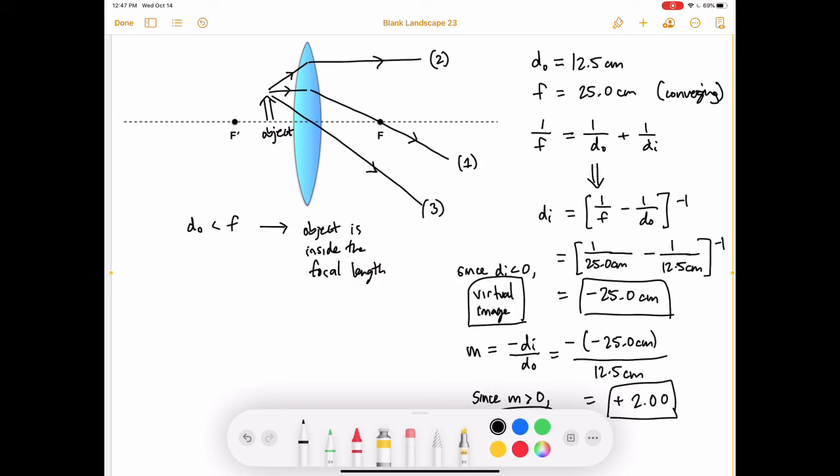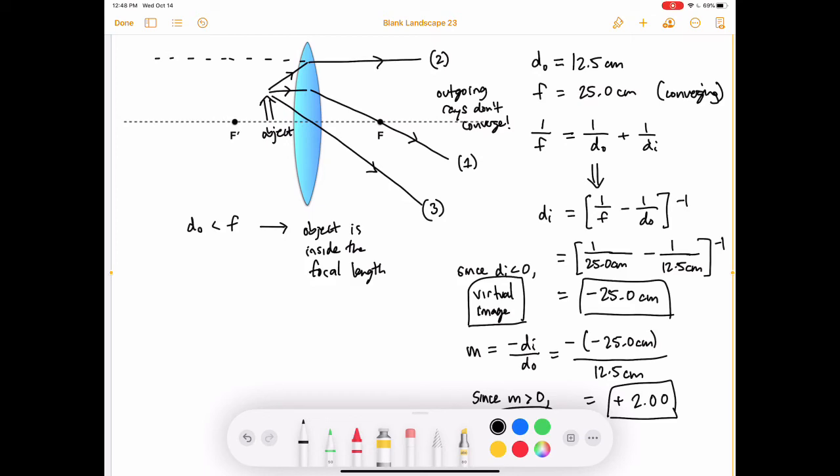So notice something about these outgoing rays. The outgoing rays don't converge. So right away we should be thinking we probably have a virtual image. Now let's see what happens if we trace these outgoing rays behind the lens. Trace them backwards. So here, let's trace number 2 back behind the lens, like this.